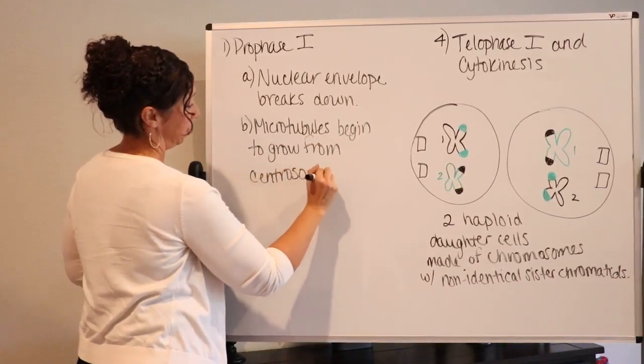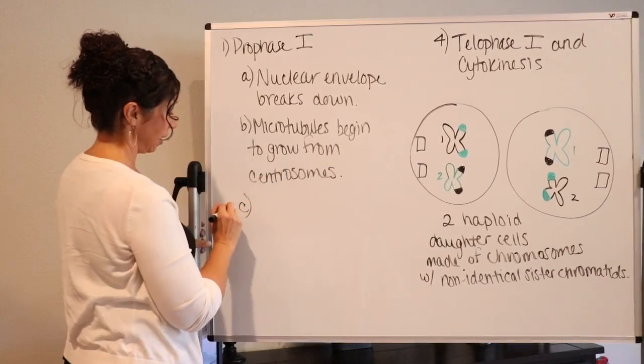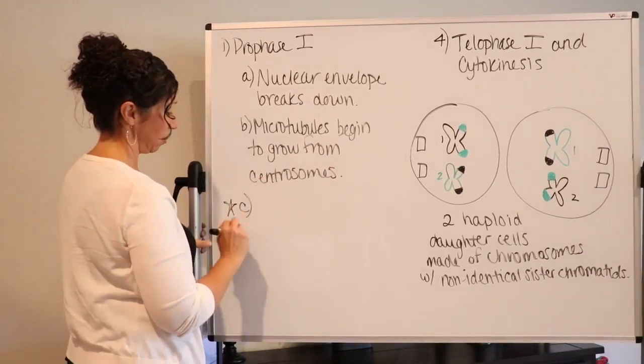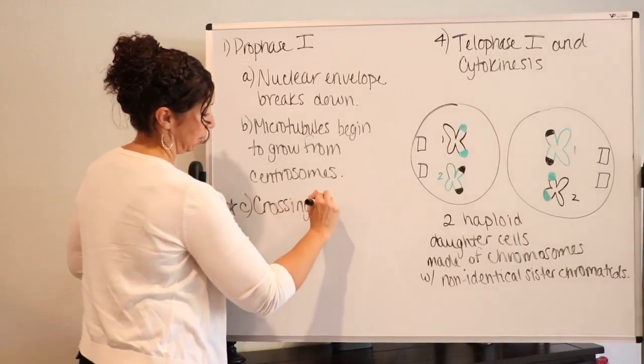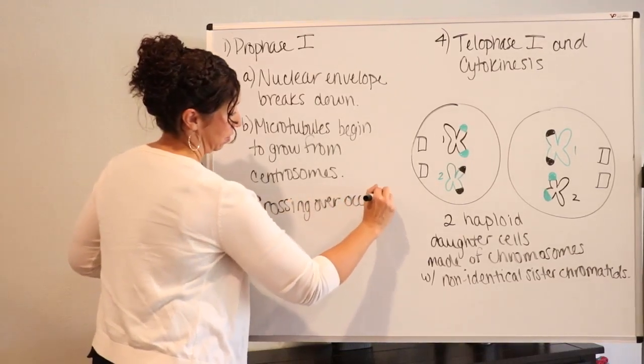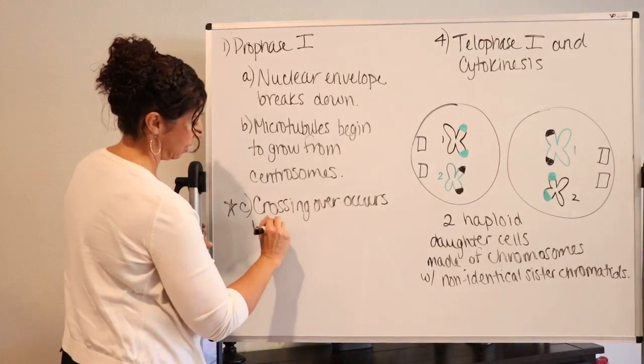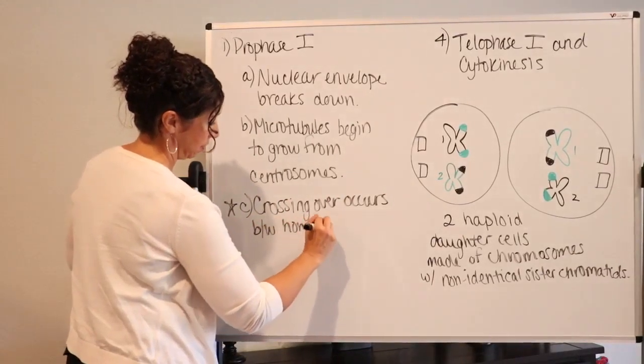And then importantly, and this is the big genetic variability part, crossing over occurs between homologous chromosomes.